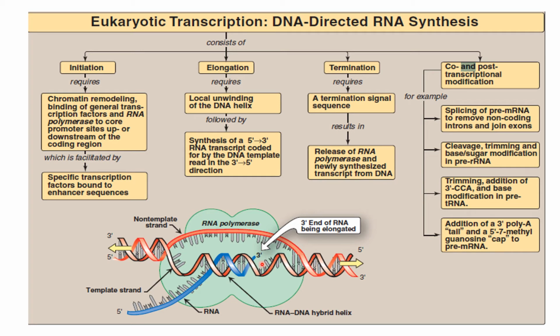The nucleoside monophosphate will be added with the release of pyrophosphate. This growing RNA always takes place in 5' to 3' direction, and this is the elongation phase until the termination phase takes place.